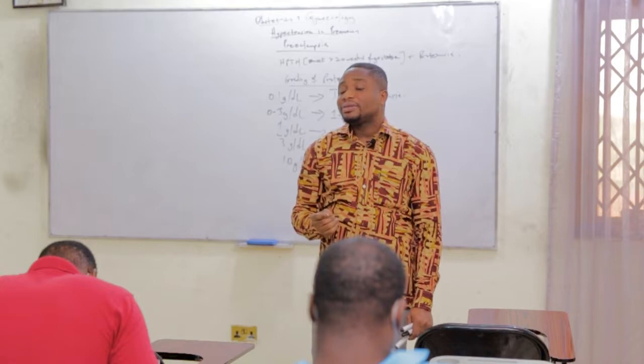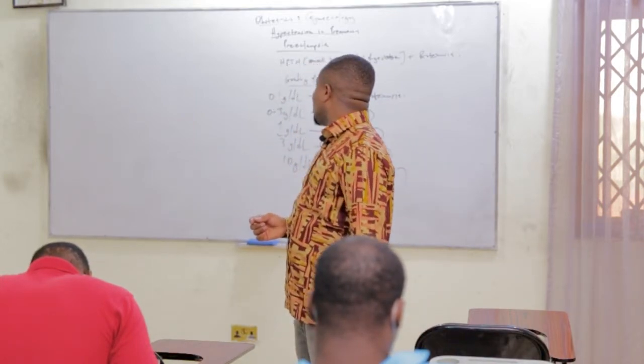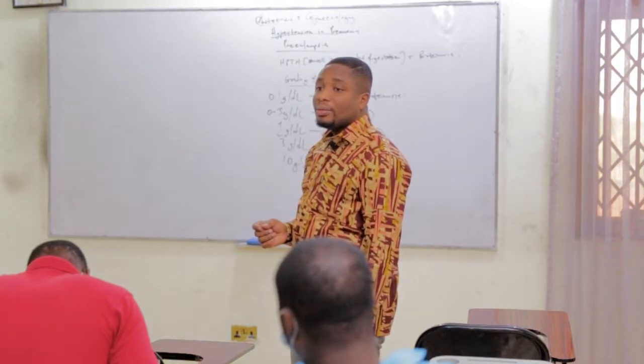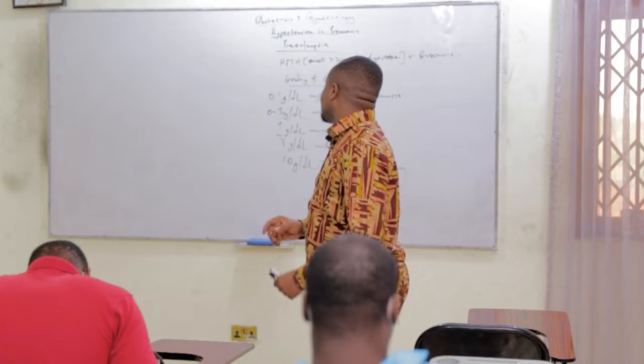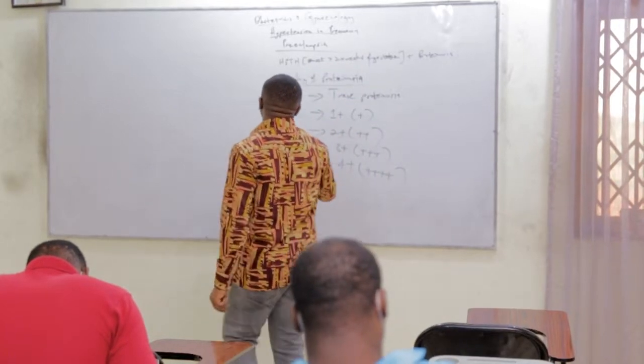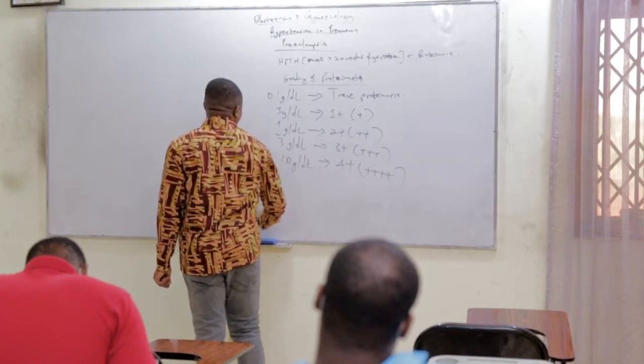So you have 0.1 gram per deciliter, 0.3 gram per deciliter, 1 gram per deciliter.